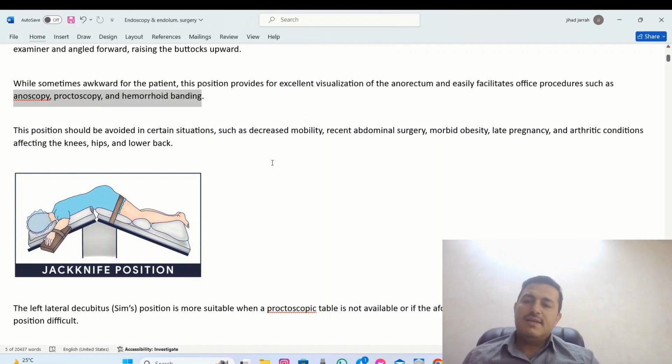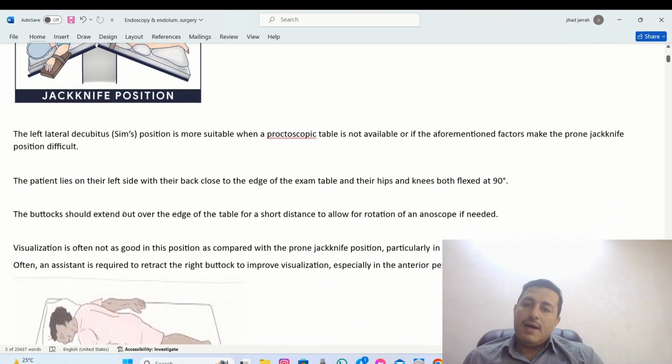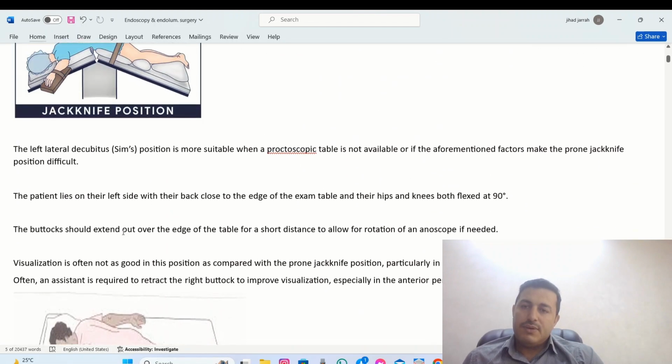But it's not available for all patients, because the table may not be available in the exam room to bend and tilt the pelvis up. This is one of the reasons why we perform the left lateral position.